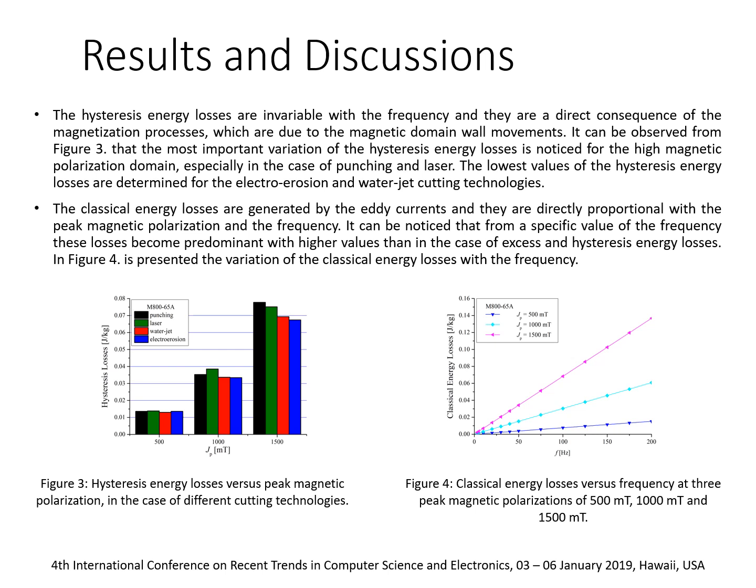The lowest values of the hysteresis energy losses are determined for the electroerosion and water jet cutting technologies. The classical energy losses are generated by the eddy currents and they are directly proportional with the peak magnetic polarization and the frequency. It can be noticed that from a specific value of the frequency, these losses become predominant with higher value.